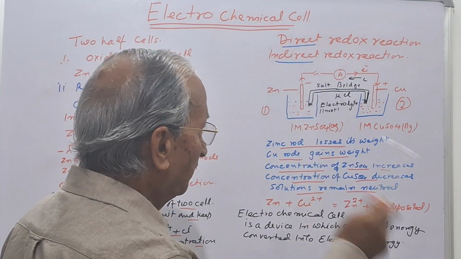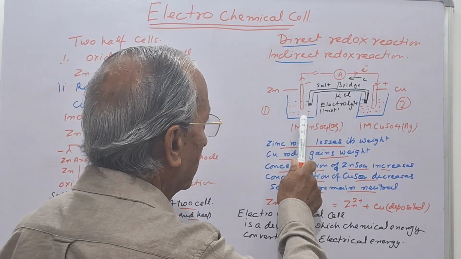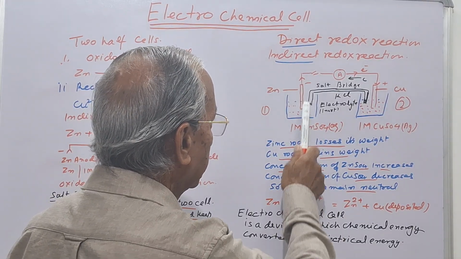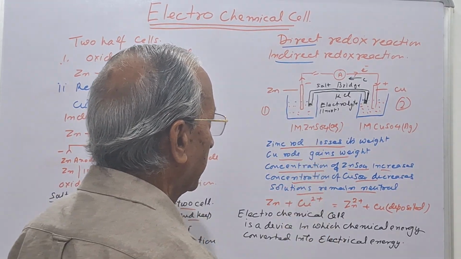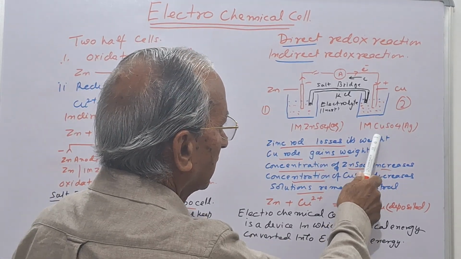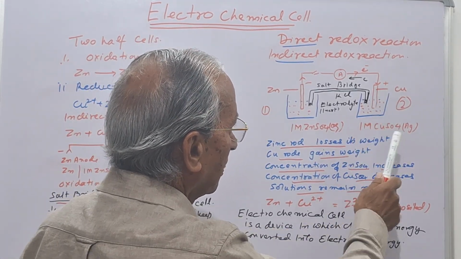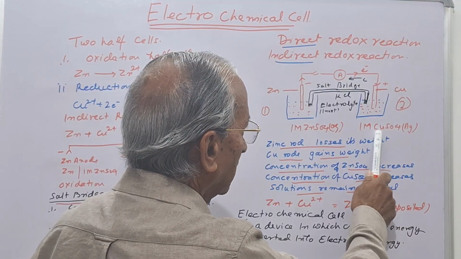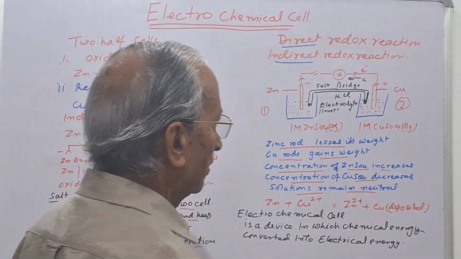Now here, one cell contains the zinc electrode and the zinc sulfate electrolyte, while the other contains the copper electrode and the copper sulfate electrolyte.